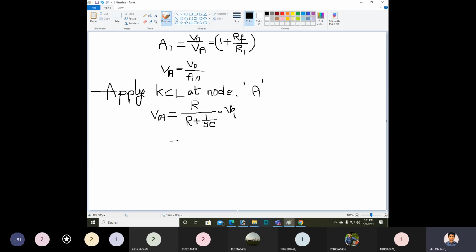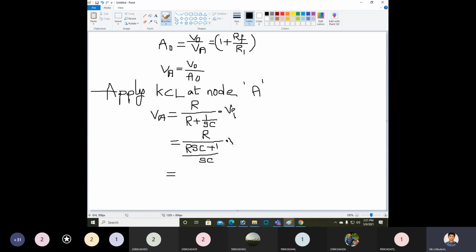That equals R by (RSC plus 1) by SC, into Vi.